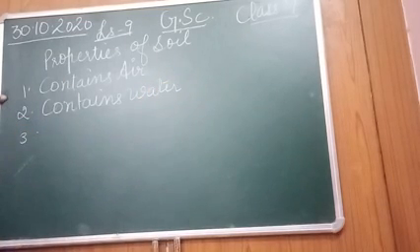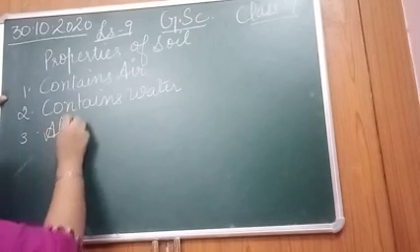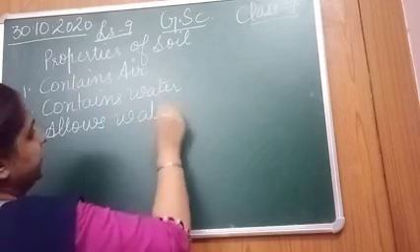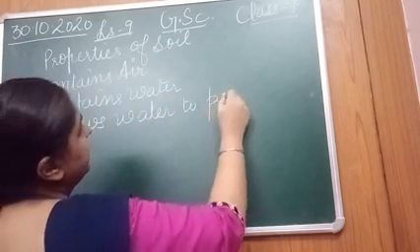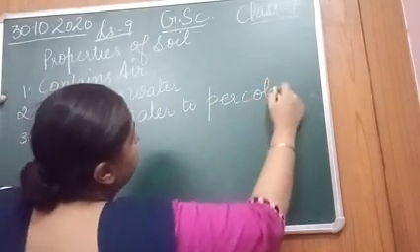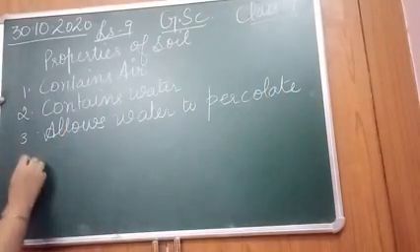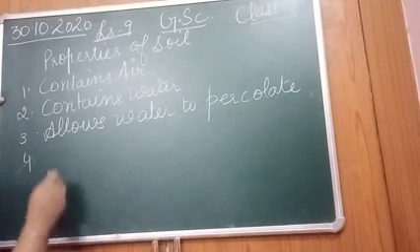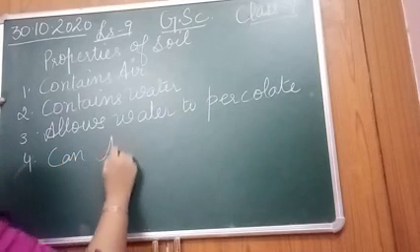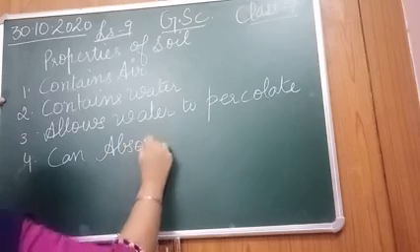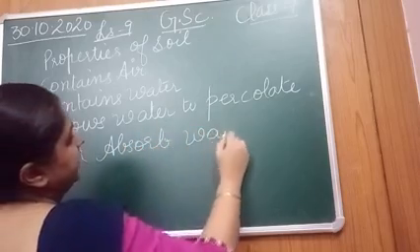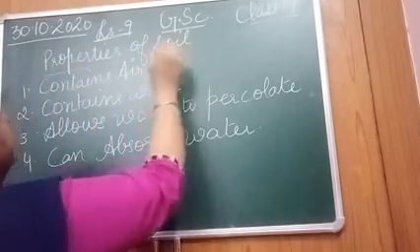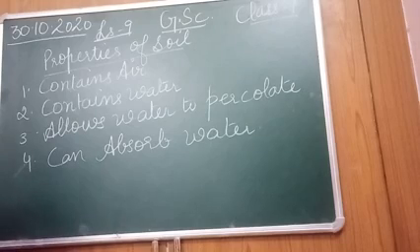Then number 3 is it allows water to percolate. All the properties I will be explaining you one by one. And number 4 is that this soil, it can absorb water. Now let us start with the very first property, that is soil contains air.